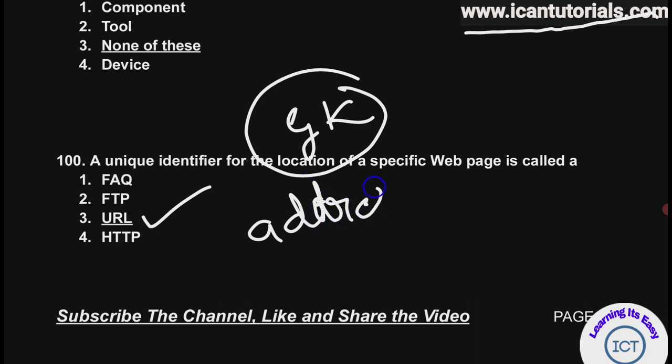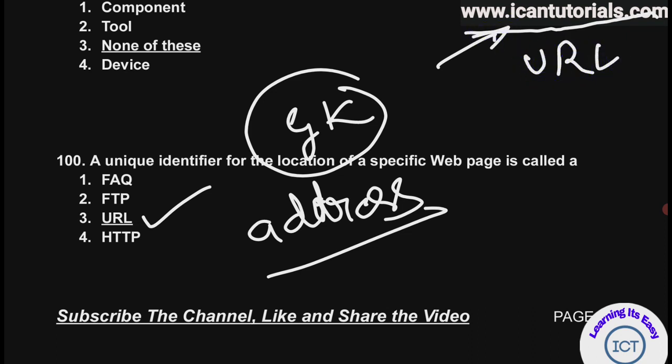This URL www.icantutorials.com is also called a URL. And in that website, if I want a specific web page, I type some other address, that is called the URL. URL is nothing but the address, Uniform Resource Locator.